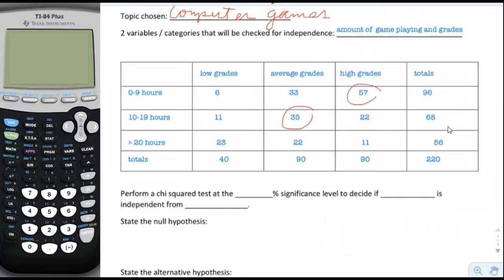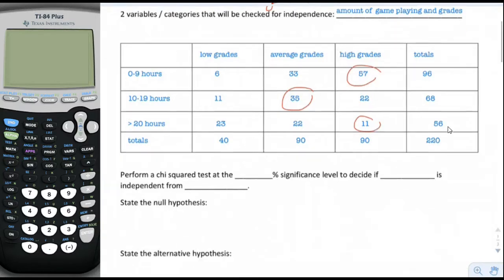For example, I want to make it so that there's a relationship between high grades and a low number of hours of video game playing. And then for a very high amount of video game playing, I make fewer high grades. So I'm trying to create something that I think is real.